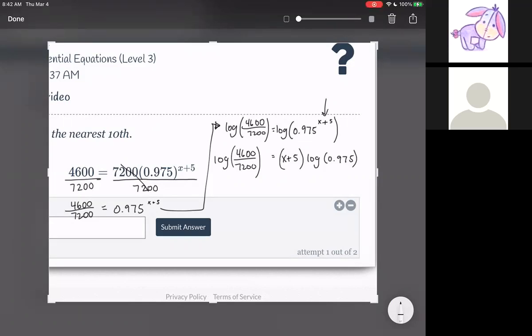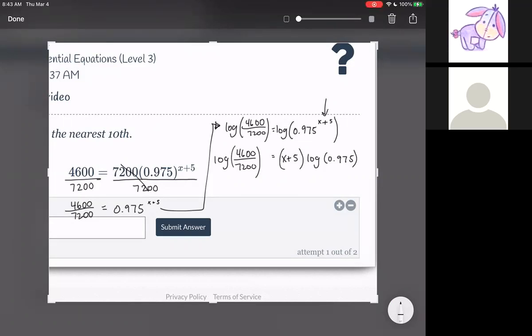Although to be fair, if you are writing this on your scratch paper and you don't put parentheses, but you still get the same answer in the end because you follow the steps correctly, I will never know if you actually wrote your parentheses or not, but if you want to write it properly, write your parentheses. Okay, so I put parentheses around the x plus 5 so that it stays as a group because that entire thing was the exponent.